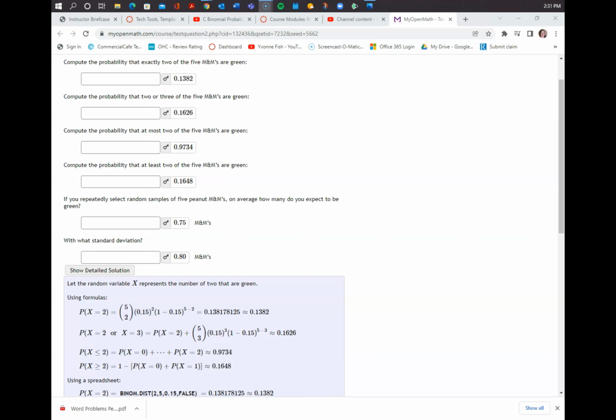Or we could set our bounds here. So on this one, our lower bound would be 2 and our upper bound would be 5. Let's see if that works for us. And the answer spits out right here. Remember, the answer is not going to be down below in the table.